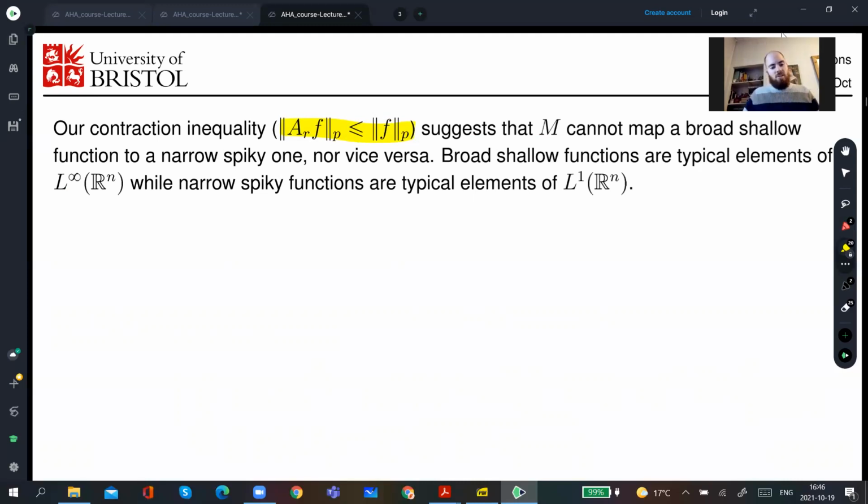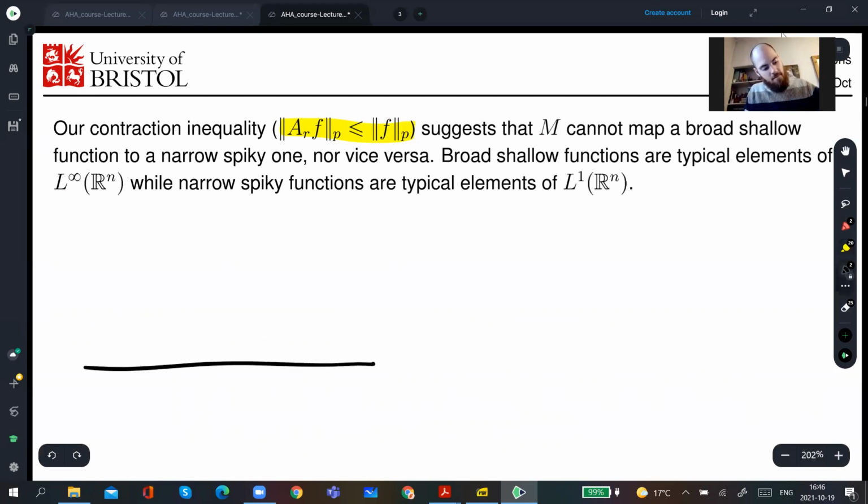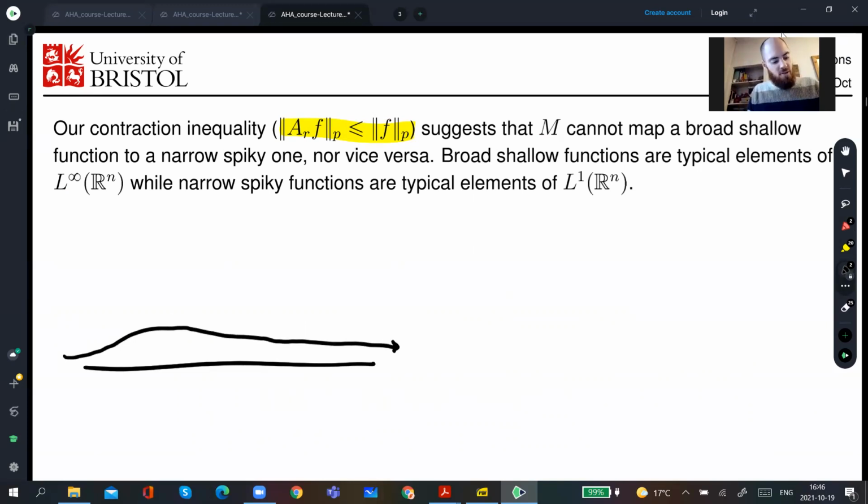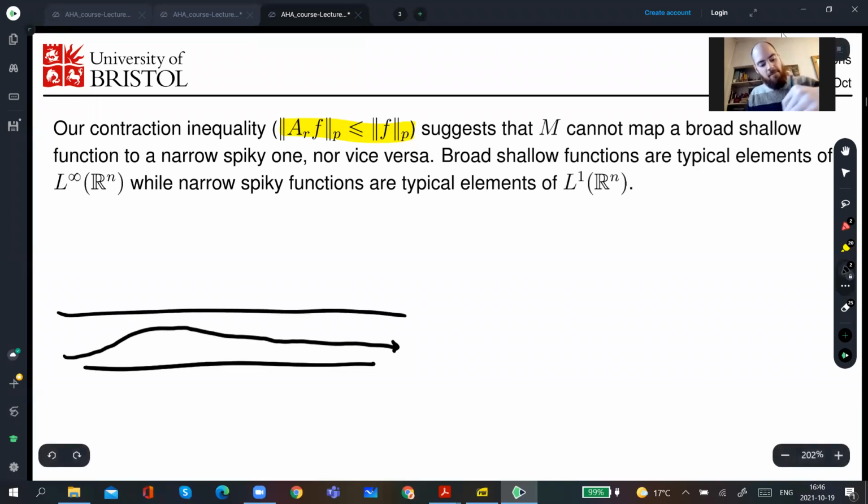I mean, if I start with a function that is very broad and shallow, it's not fluctuating too much. Let's make it fluctuate even less. Then each average maps this, which is a very good example of a function in L infinity, it's always bounded by, say, 10.